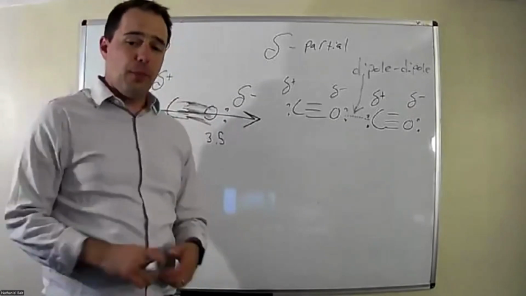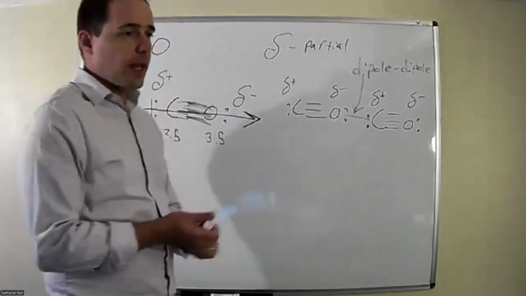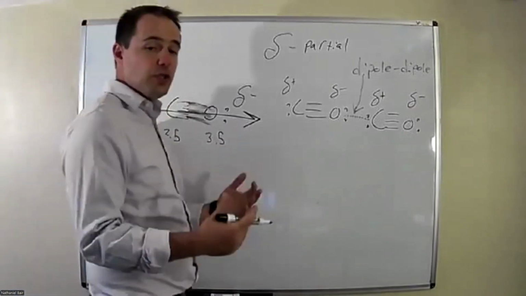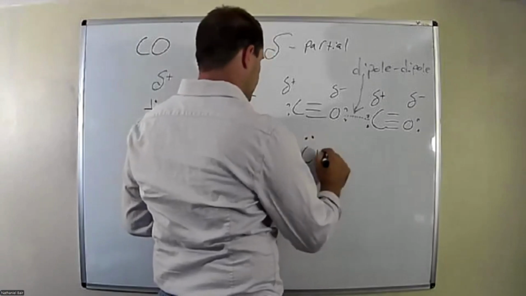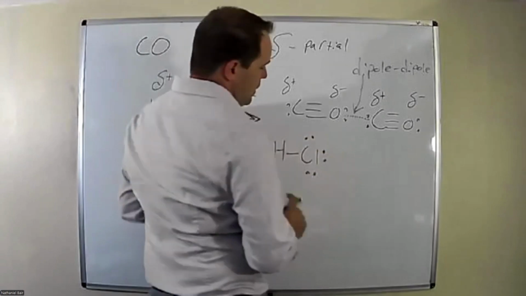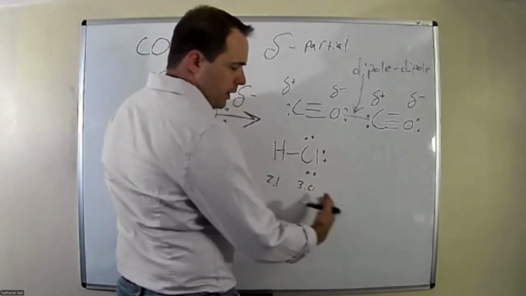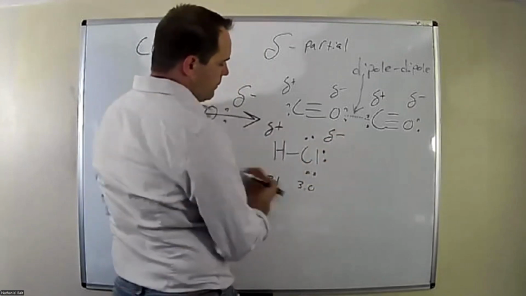So let's get another example. We'll do another linear molecule. Let's say I had HCl, hydrochloric acid. Hydrogen 2.1, chlorine 3.0, difference of 0.9. Chlorine hogs the electrons, hydrogen's deprived.